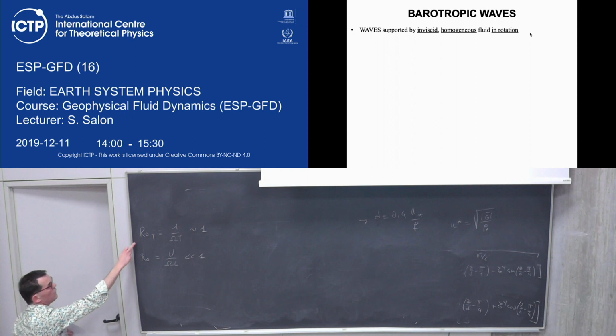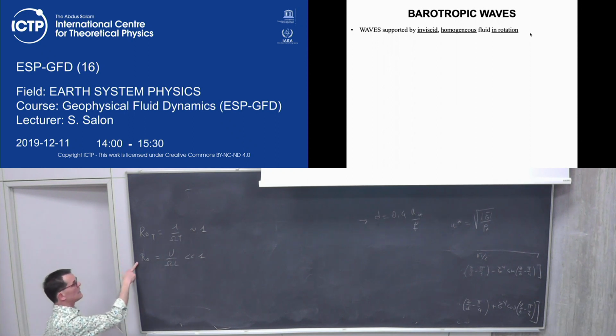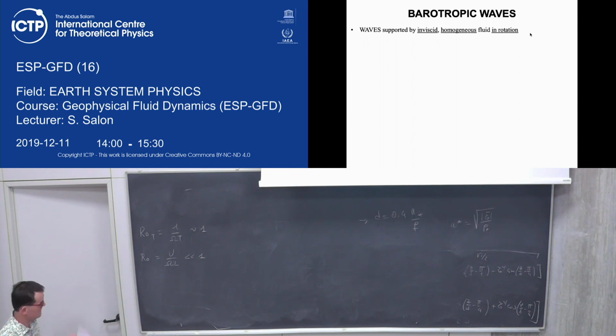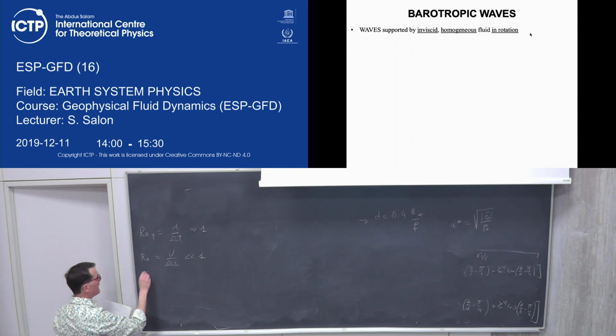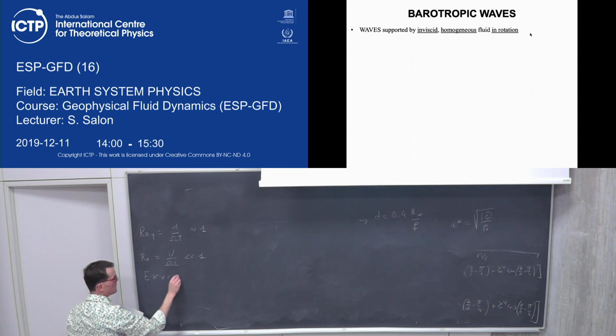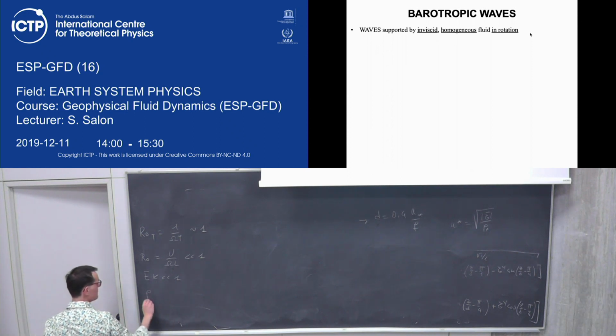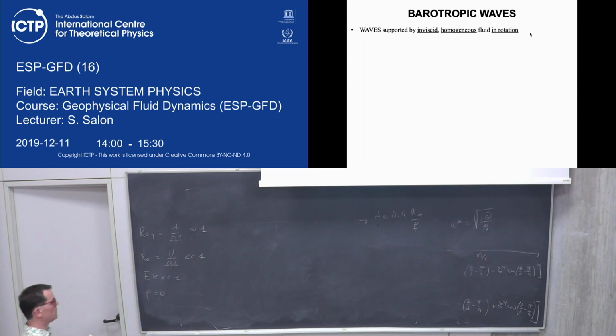If we take this and this, it means that the advection terms are much smaller than the local derivative and, of course, than the Coriolis. We still keep Ekman much smaller than 1. And again, we consider the homogeneous flow.